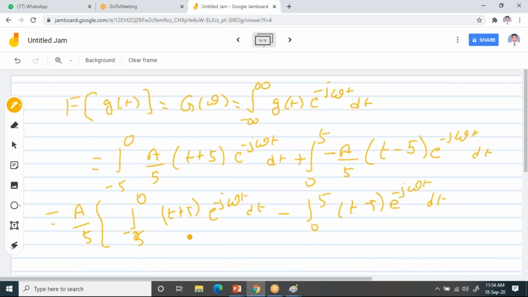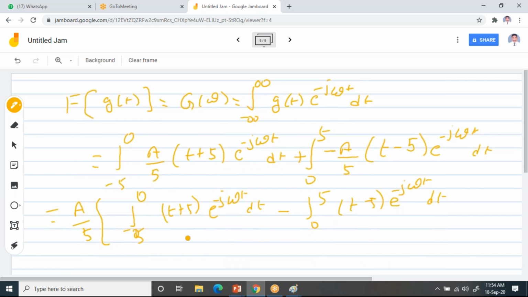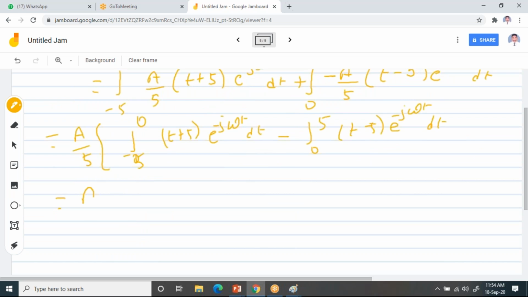I'm going to write one more step and leave the rest to you. Here I can split this: the integral from minus 5 to 0 of t e power minus j omega t dt, plus the integral from minus 5 to 0 of 5 into e power minus j omega t dt, since it looks like a plus b into c, which is ac plus bc, minus the integral from 0 to 5 of t e power minus j omega t dt.